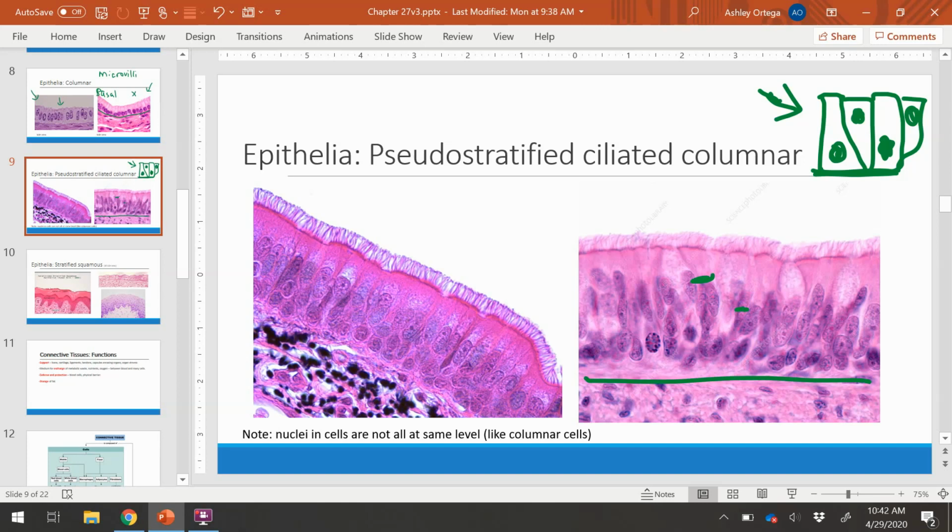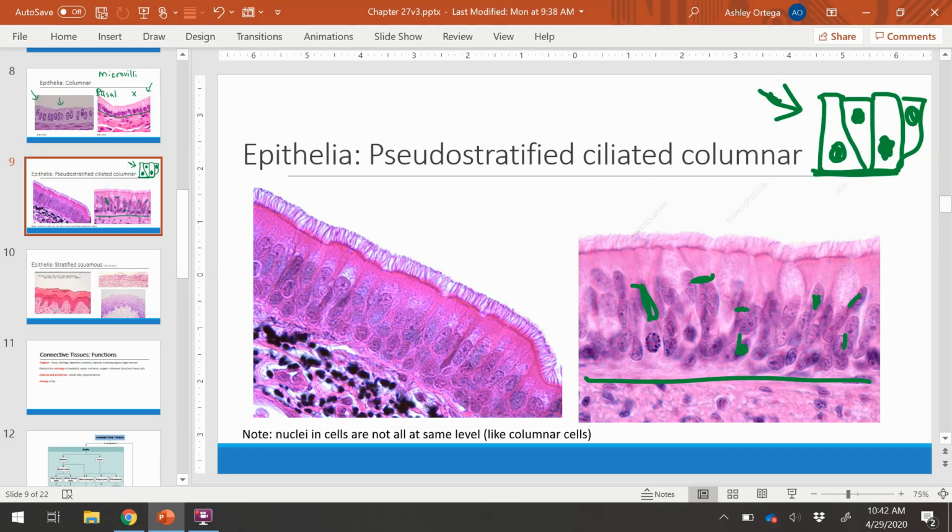That is how you identify pseudostratified. You look for the nuclei being in different regions, and that's a key indicator. When it looks like a disorganized nest, it can be pseudostratified. It could be something else, but we'll keep it to some simpler things here.